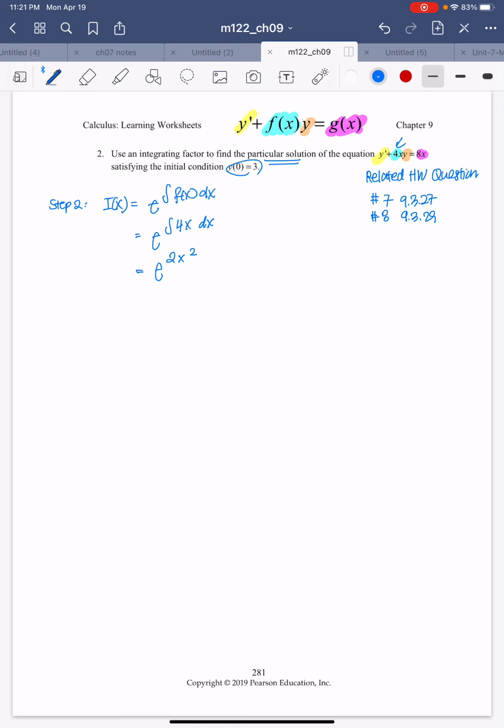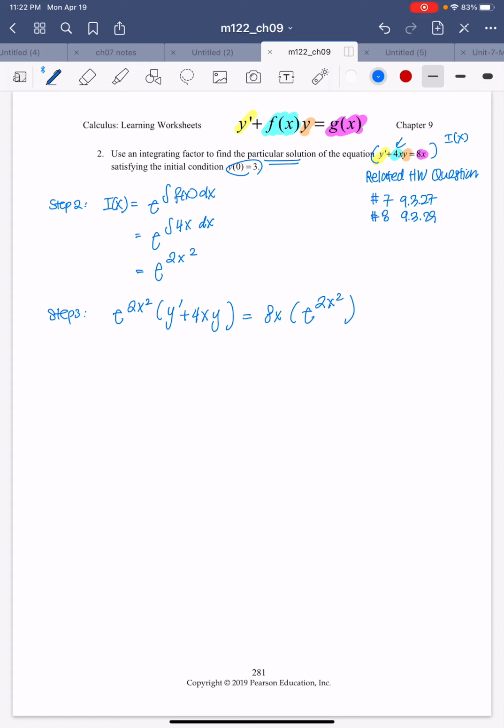So I'm going to multiply the entire equation by our integrating factor. You would end up having e to the 2x squared times y prime plus 4xy, and then you have 8x times e raised to the 2x squared.